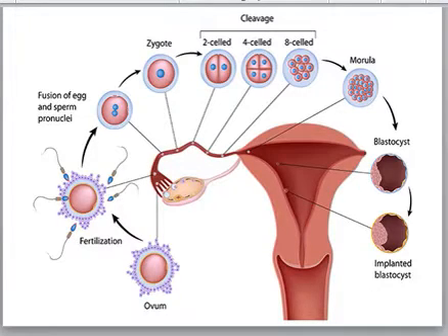Actually, the physiology of pregnancy begins with the transport of the gametes, so transport of the egg and transport of the sperm. Following ovulation, the oocyte is extruded onto the surface of the ovary and into the abdominal cavity.